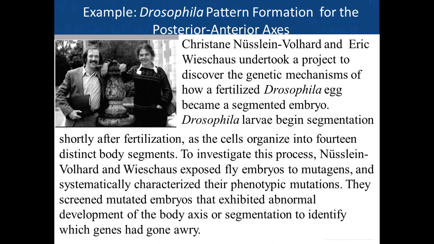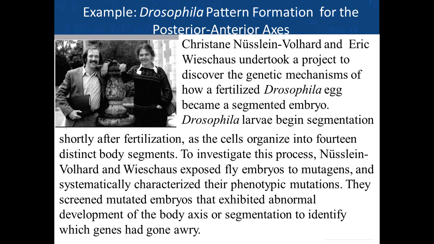Now, these genes were discovered by two wonderful scientists, Christiane Nüsslein-Volhard and Eric Wieschaus. What they wanted to do was identify each one of those segment genes that we just talked about. The way they did that is they would take the Drosophila egg and submit it to different kinds of mutant-causing chemicals, and then they would look for deformed larvae.